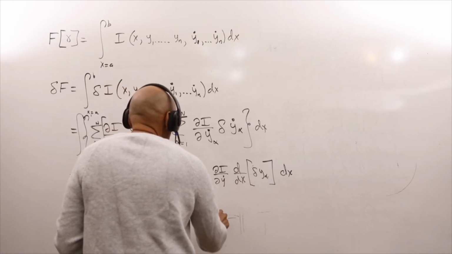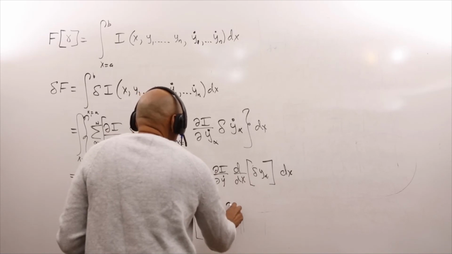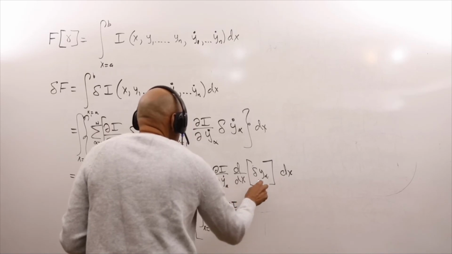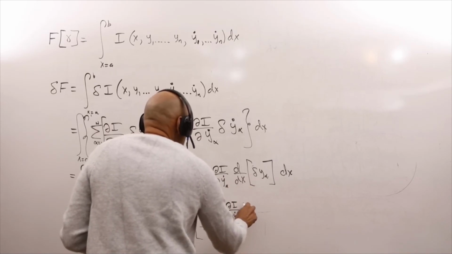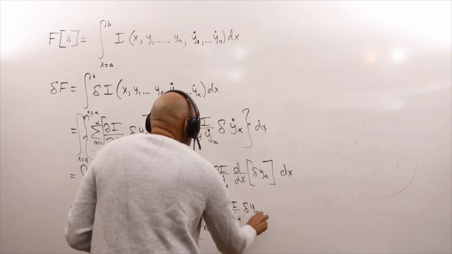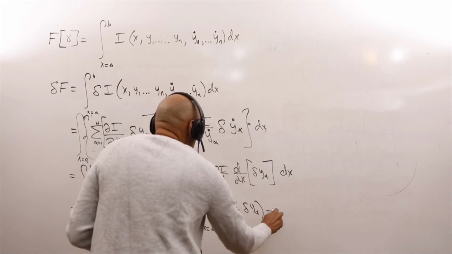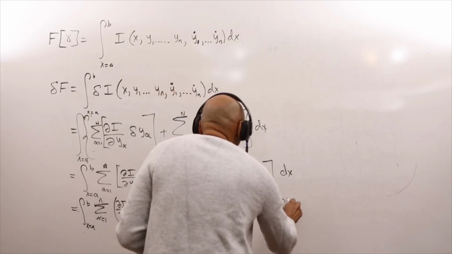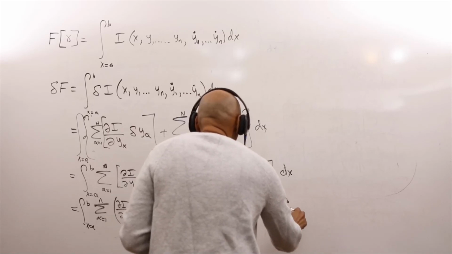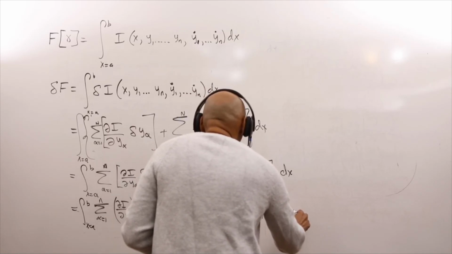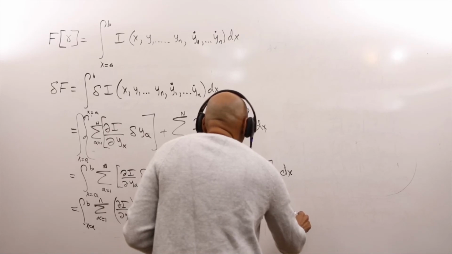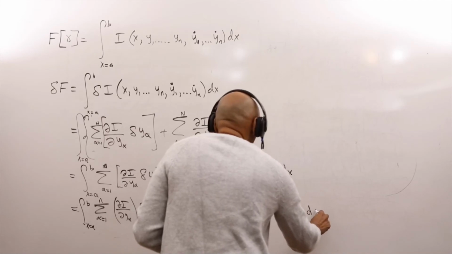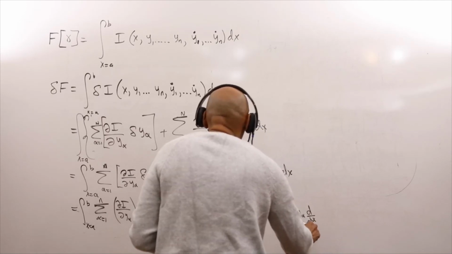So this is the partial of f with respect to y dot alpha, times the variation of y alpha, minus the integral from x equal to a to b of the variation of y alpha times the derivative in x.